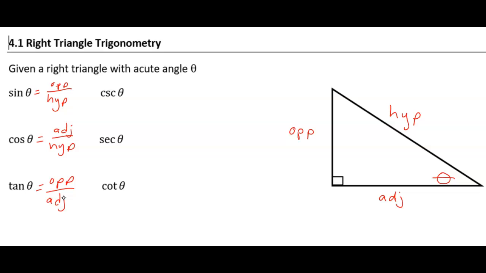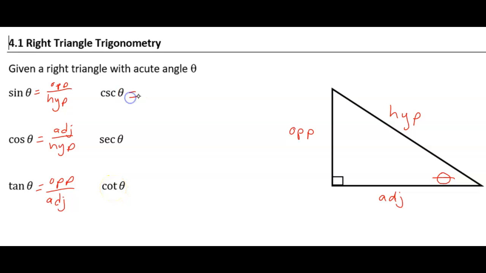And then you may or may not have seen these three trig functions before, but these are what we call the reciprocal functions. I have it written this way because cosecant, that's the way this is said, cosecant is the reciprocal of sine, secant is the reciprocal of cosine, and cotangent is the reciprocal of tangent. So once you know your first three trig ratios, all you have to do is take the reciprocal, and that'll give you the other three.